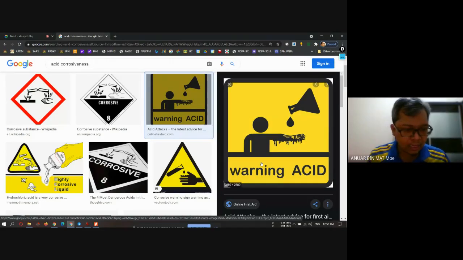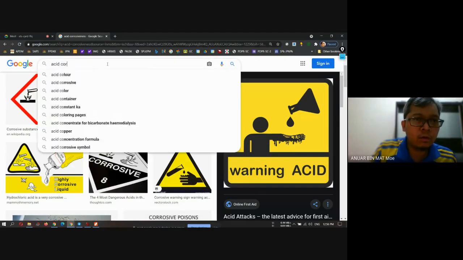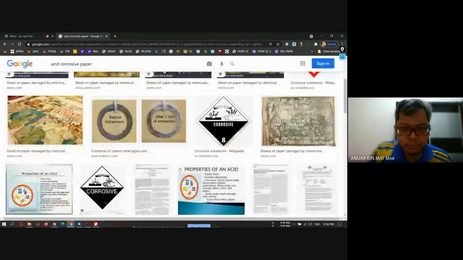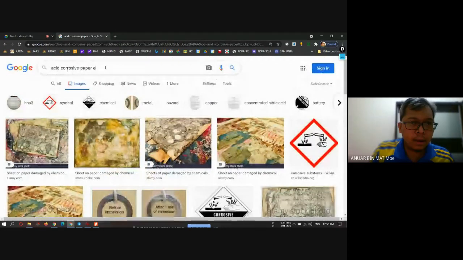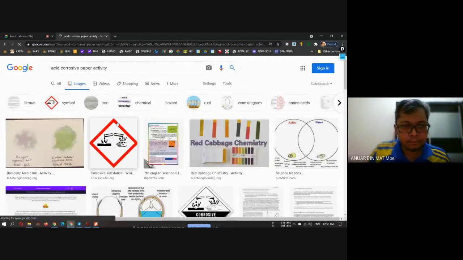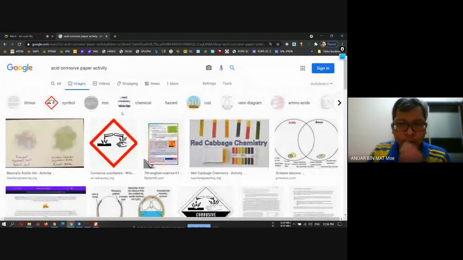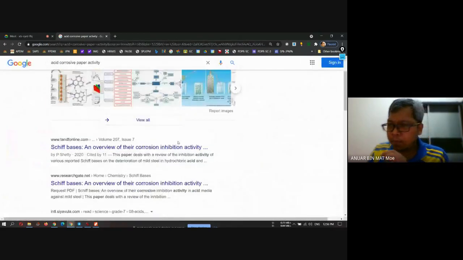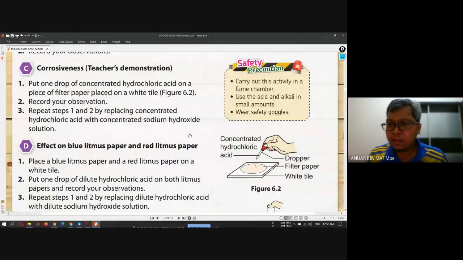But you just remember, strong acid and strong alkali will corrode organic materials. Organic materials such as what? Such as our skin, the paper, right? Corrosive acid, corrosive paper. For example, like this, it will put a hole in the paper, meaning that it is very corrosive.